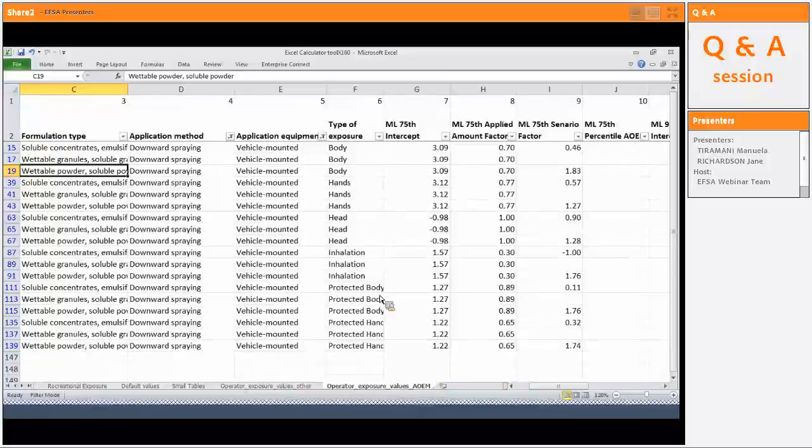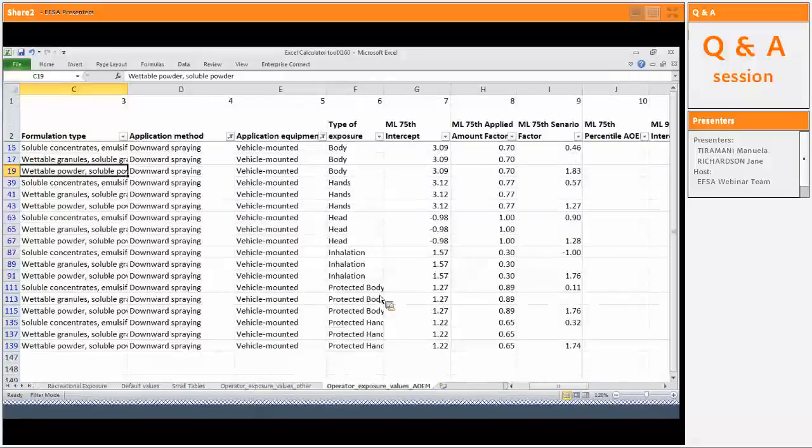I think we'll see that in the scenarios when we move to those. Yeah, that's very important, because people so far are used to apply protection factors, whereas for the AOEM it's already included. So we will see later in a clear example.